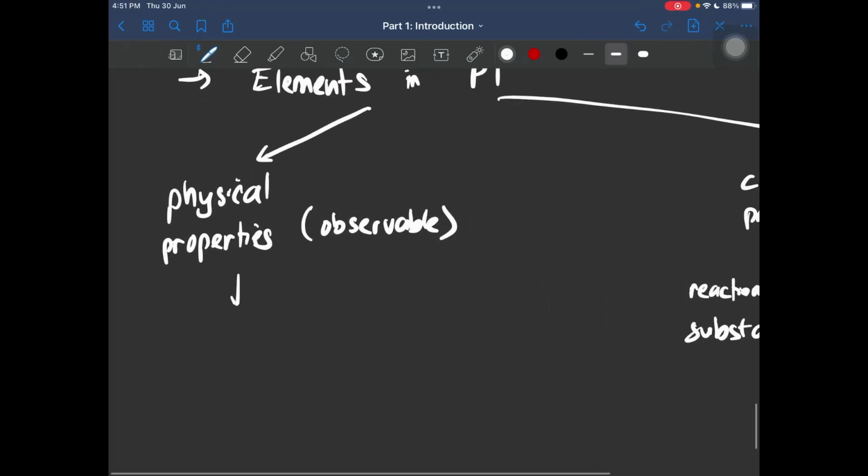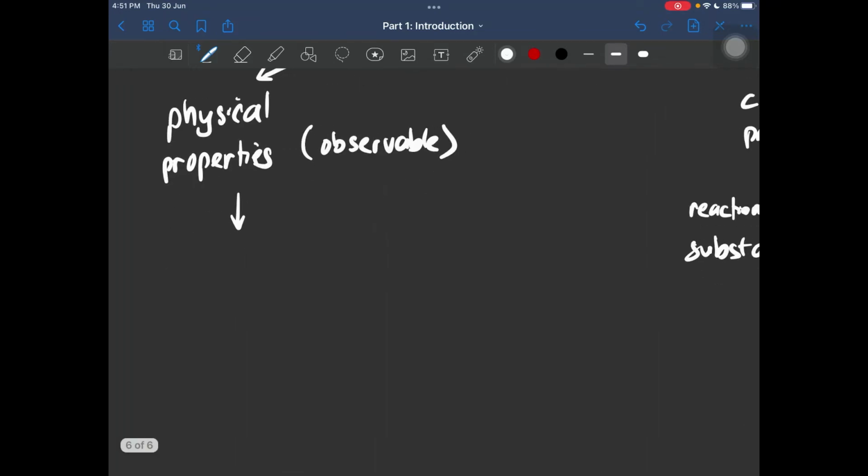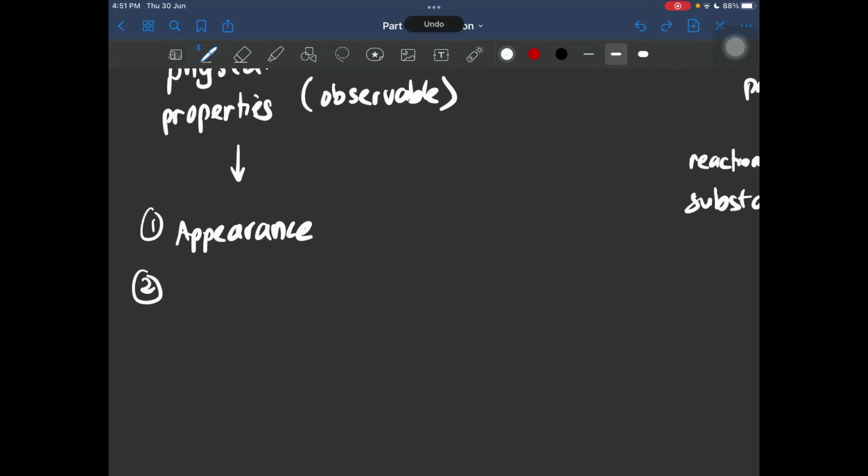What are we going to talk about in the physical properties? We're going to talk about the appearance of the elements, and then the conductivity of the elements.